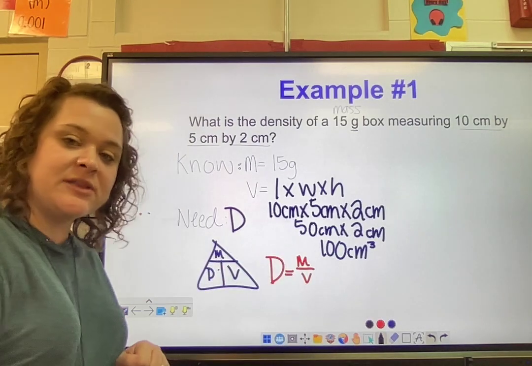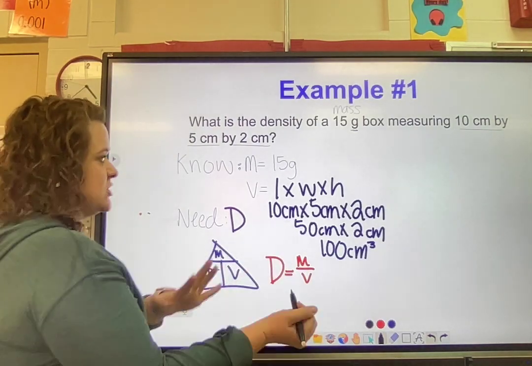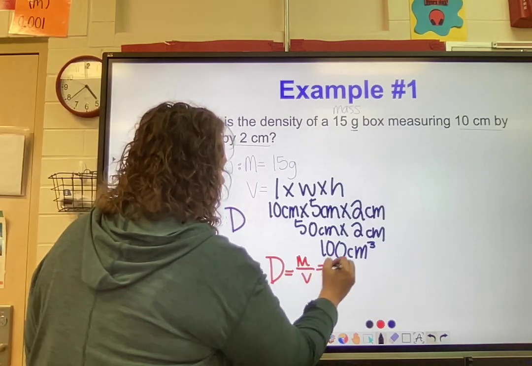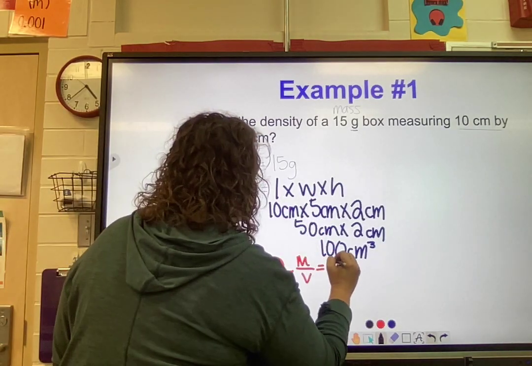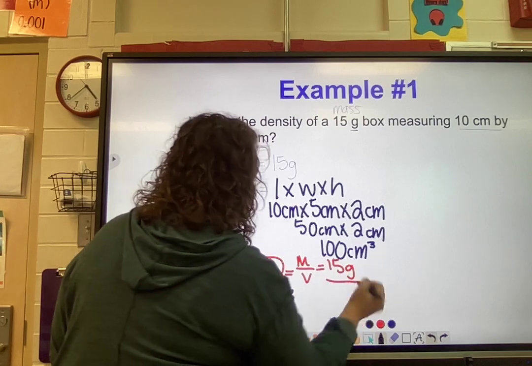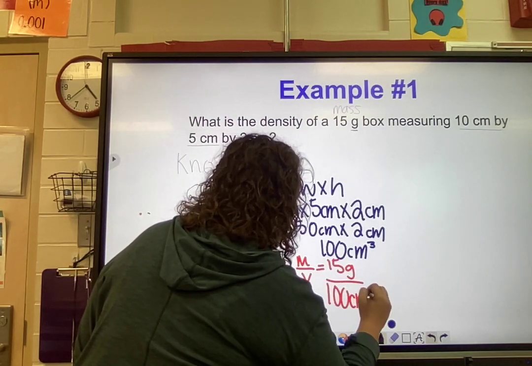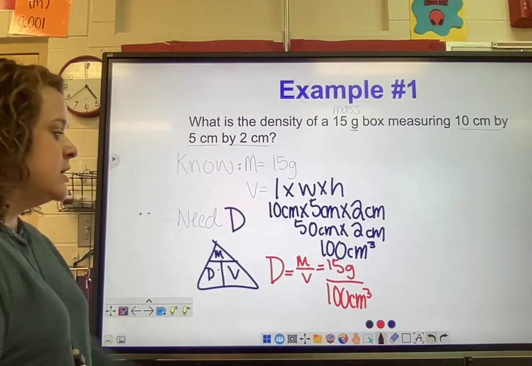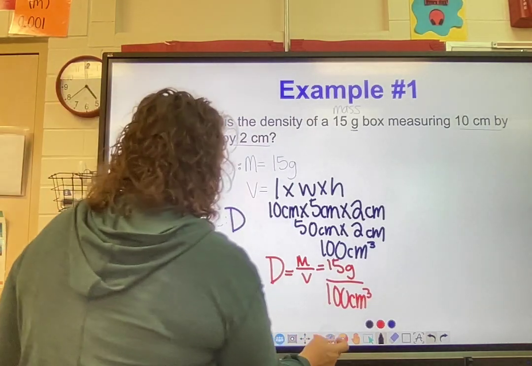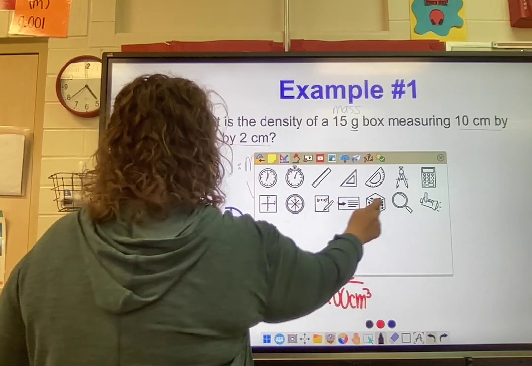That's the formula I'm going to be using. Then I just plug in the information that I know. I know mass was 15 grams, and I know 100 centimeters cubed was my volume. Now I can just divide these out, so let me pull up a calculator.